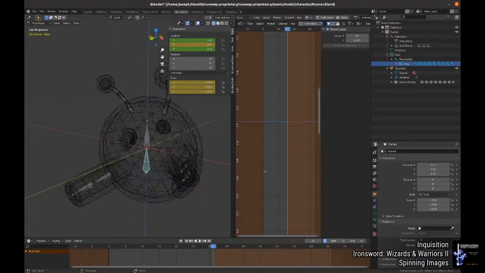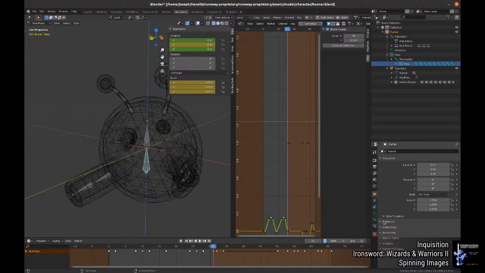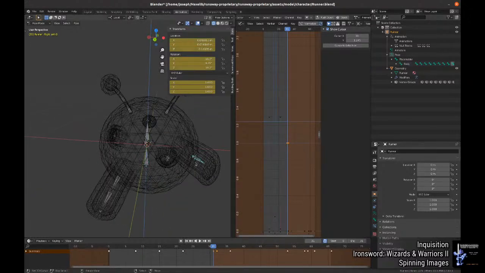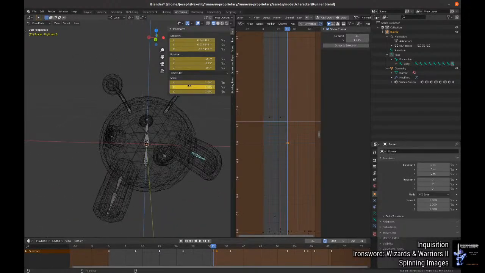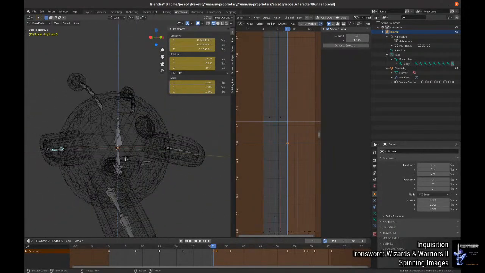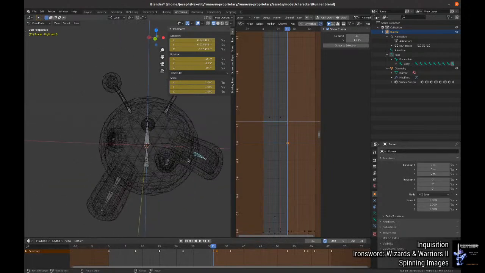Nope, that doesn't change a thing. Okay, so it's just this thing where y is meant to be along the direction that the bone's pointing. I guess that's just totally normal.